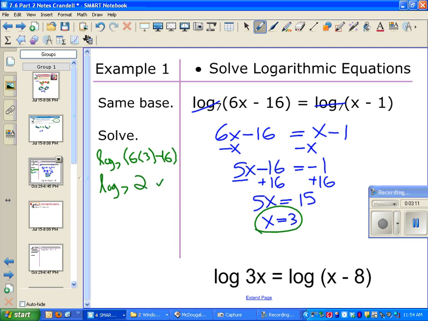That's okay, I can take a log of a positive number. Let's check the right side: log base 7 of 3 minus 1, that's also log base 7 of 2, and I can take a log of a positive number. So this one checks out.